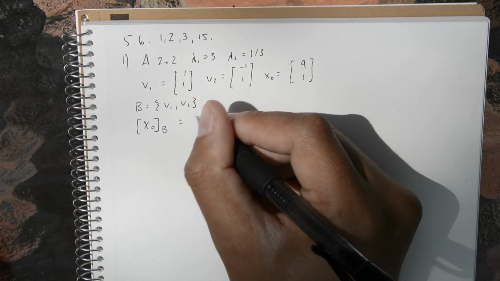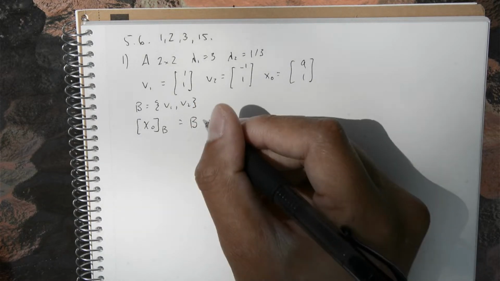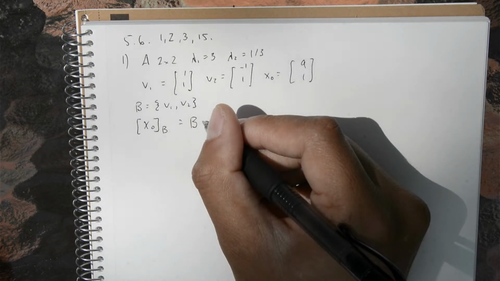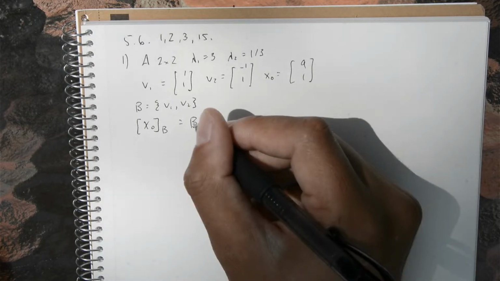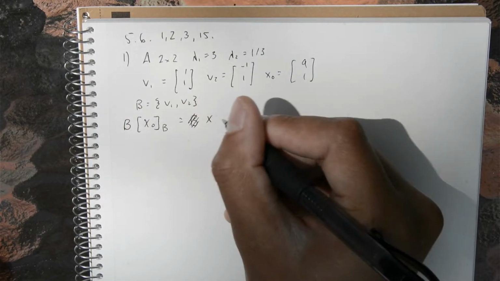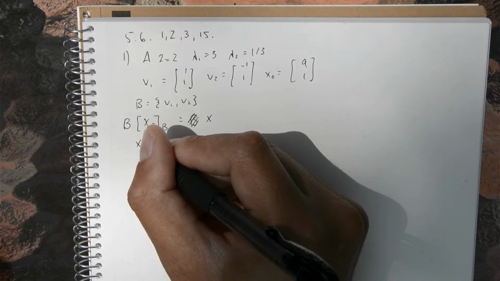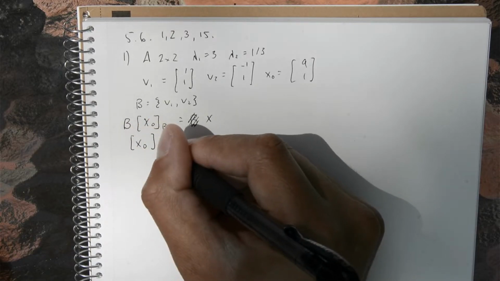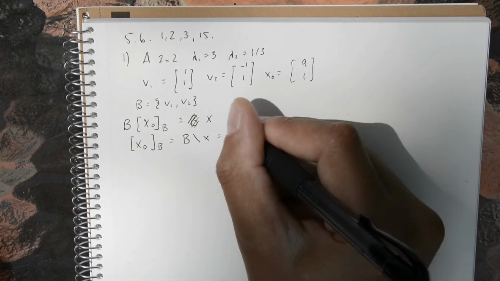is equal to the matrix B times this is equal to X. So then solving for X0, B is equal to B backslash X is equal to, and then what did we get?